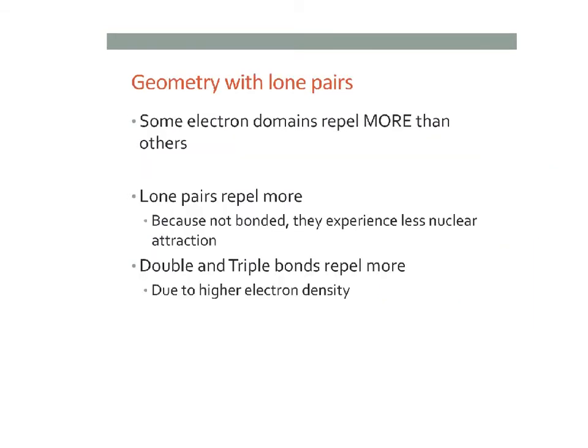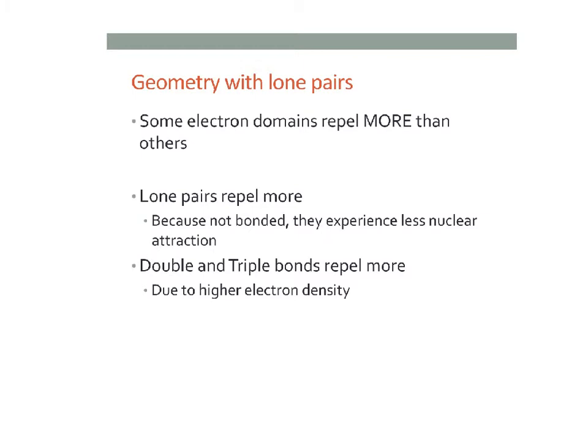Now lastly, I just want to cover real quick how the geometry changes if there are lone pairs of electrons on the central atom. This goes right back to the video before where we talked about electron domain geometry. Recall that every electron domain geometry, remember there's 5: linear, trigonal planar, tetrahedral, trigonal bipyramidal, and octahedral, have bond angles. They have angles associated with them.